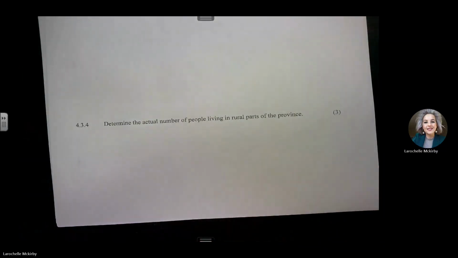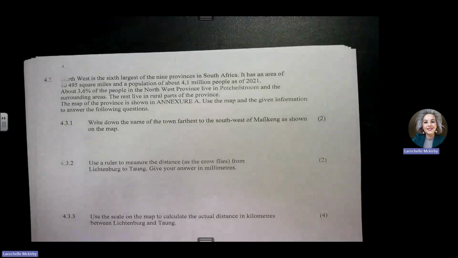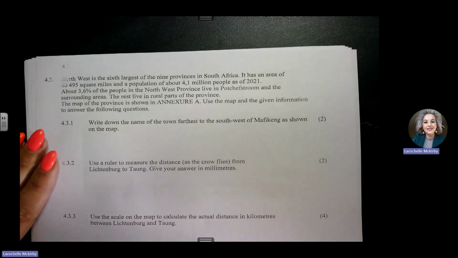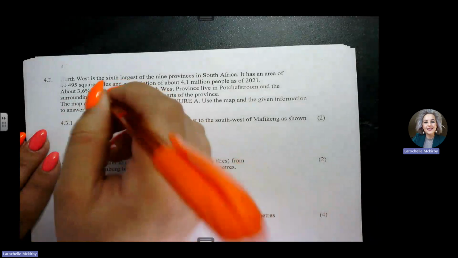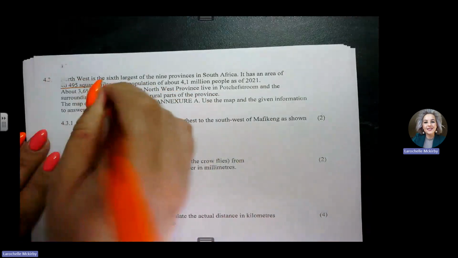Let's have a look at some more maps. The maps we are working with now is at 4.3. Northwest is the 6th largest of the 9 provinces in South Africa. It has an area of 40,495 square miles.